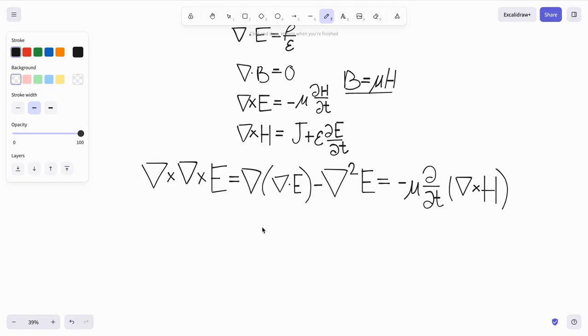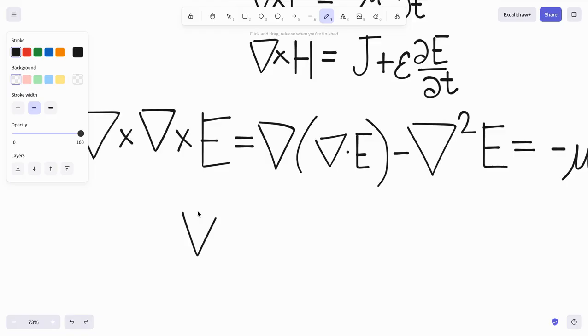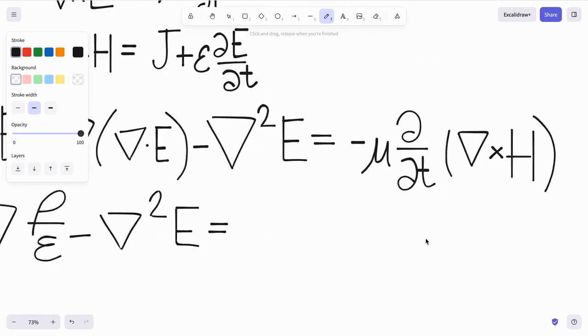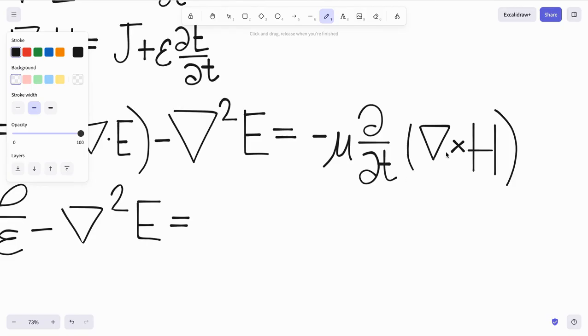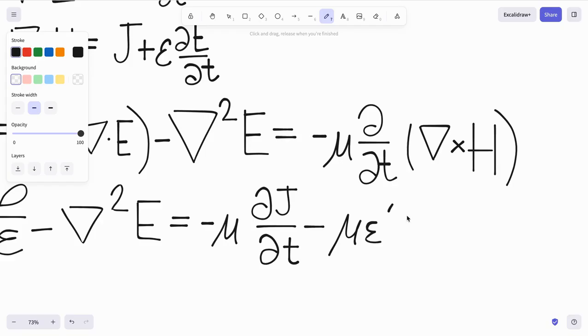We know that the divergence of E is equal to rho over epsilon, so we can rewrite this as the gradient of the charge density over epsilon minus the Laplacian of E is equal to, substituting J plus epsilon partial E over partial t, minus mu partial J over partial t minus mu epsilon partial squared E over partial t squared.